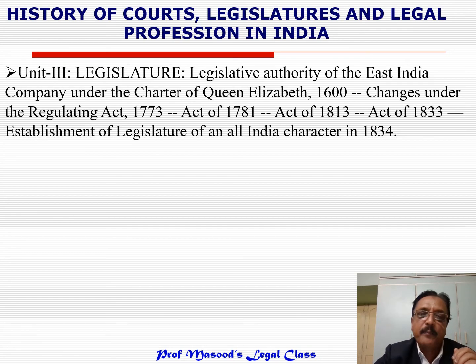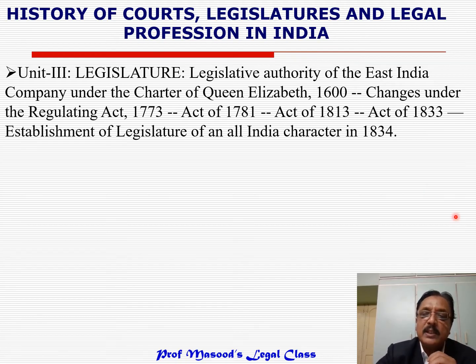Unit number three, legislature. Legislative authority of the East India Company under the Charter of Queen Elizabeth 1600. Changes under the Regulating Act 1773, Act of 1781, Act of 1813, Act of 1833, establishment of legislature of an All India Charter in 1834.